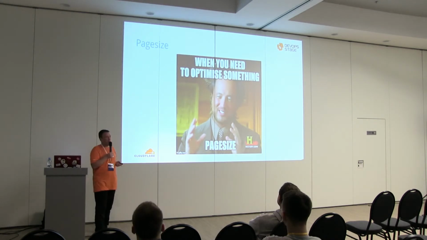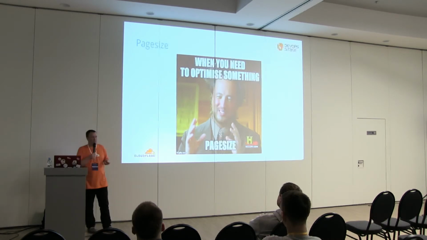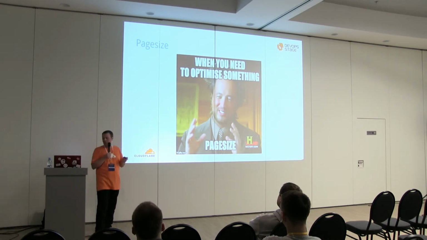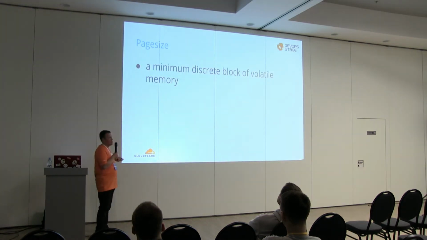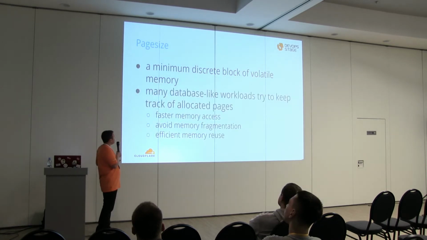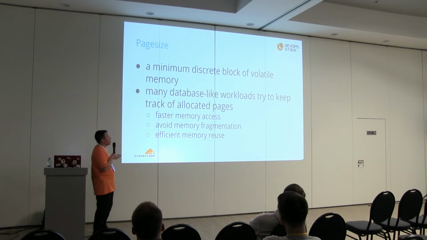Another interesting type of optimization is page size. If you look into different software and they want to optimize performance, it's usually something around page size. So what is a page size? It's a minimum discrete block of volatile memory on your system. And many database workloads try to keep track of the allocated pages.